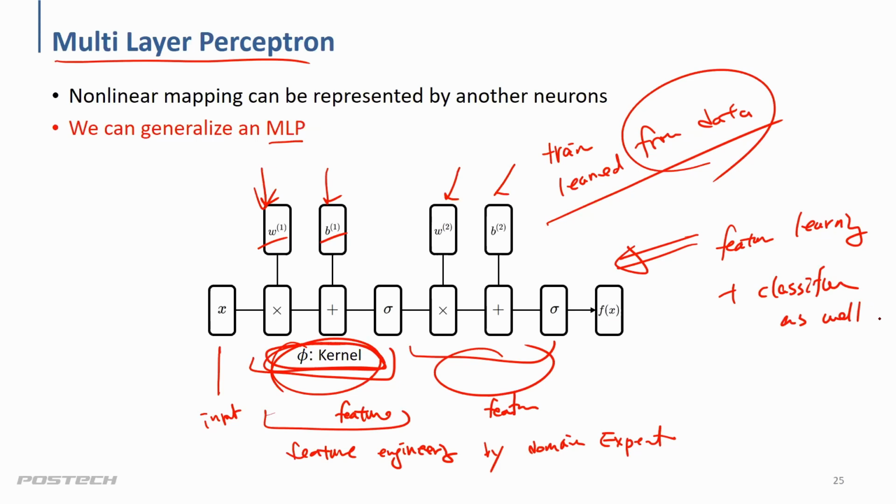So the big difference between machine learning and deep learning is that in machine learning, the domain expert has to decide what kind of features are important. But in the deep learning field, we ask the neural net to figure out by itself the best features, just from the data.